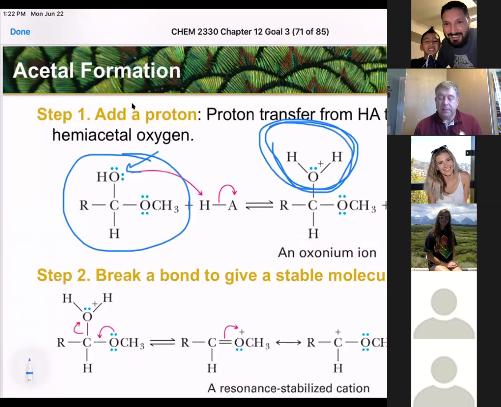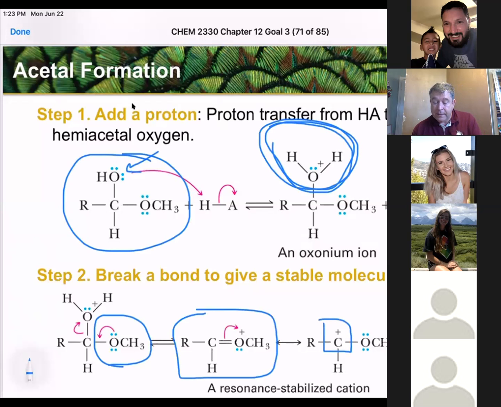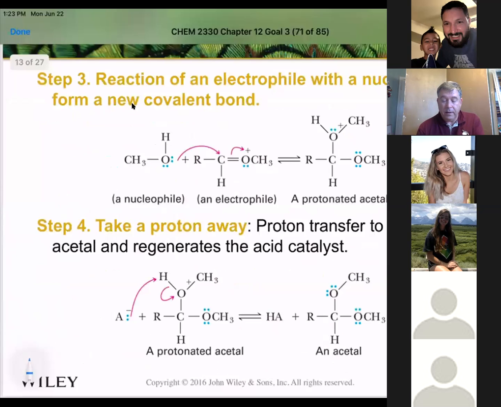And now we can displace that with our electrons from our material here to regenerate our aldehyde, which can resonance stabilize, giving us a cation here, which then can react with another equivalent of alcohol to give us the first equivalent of alcohol that was already on there.